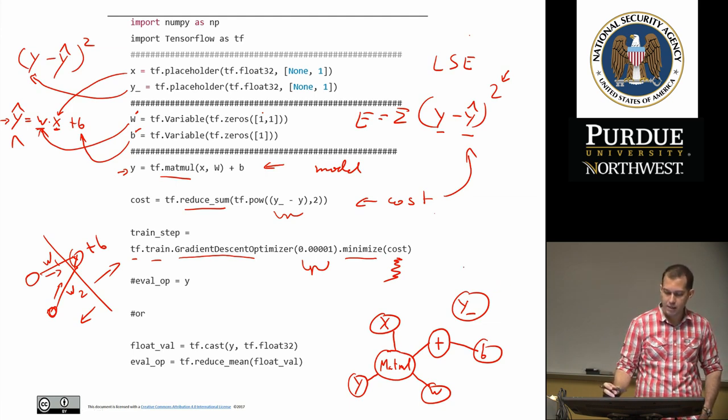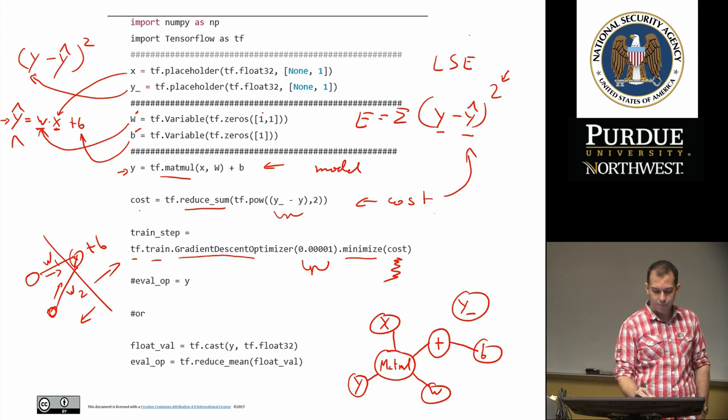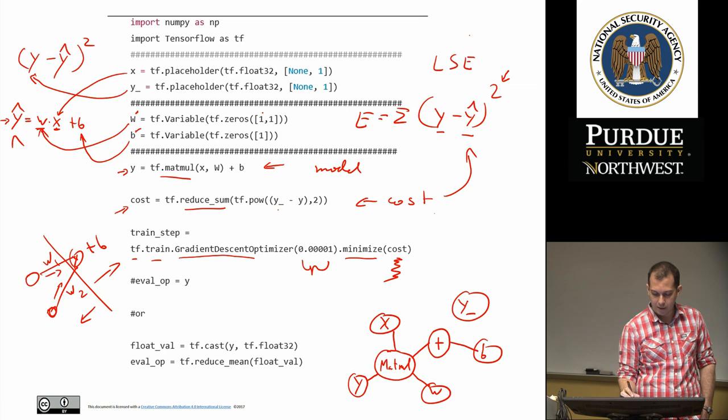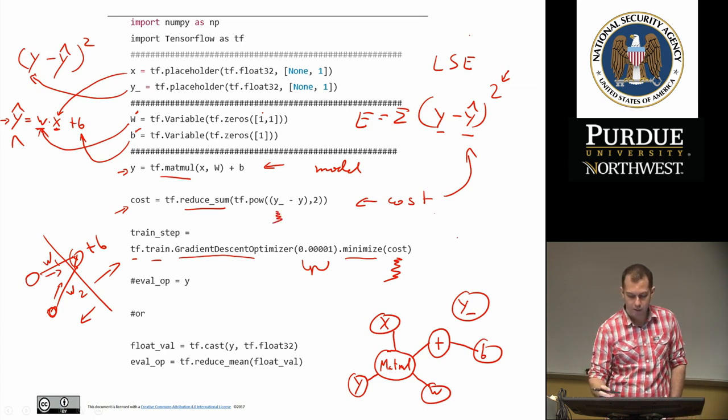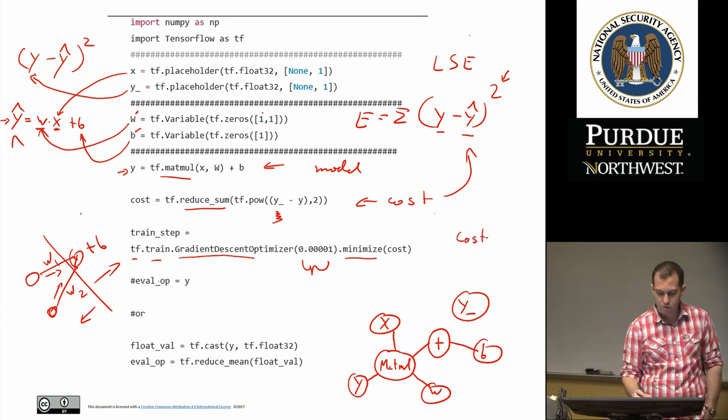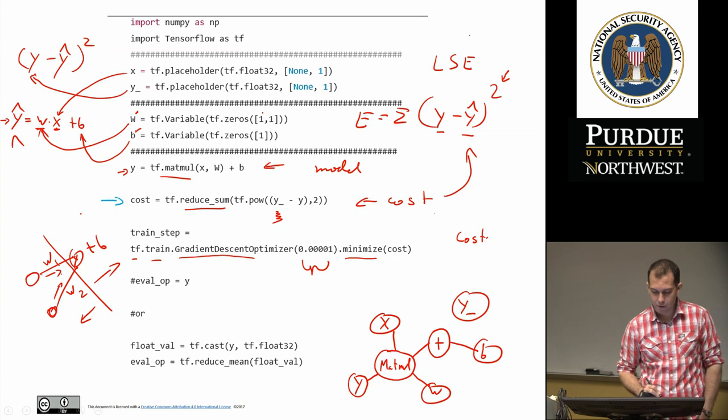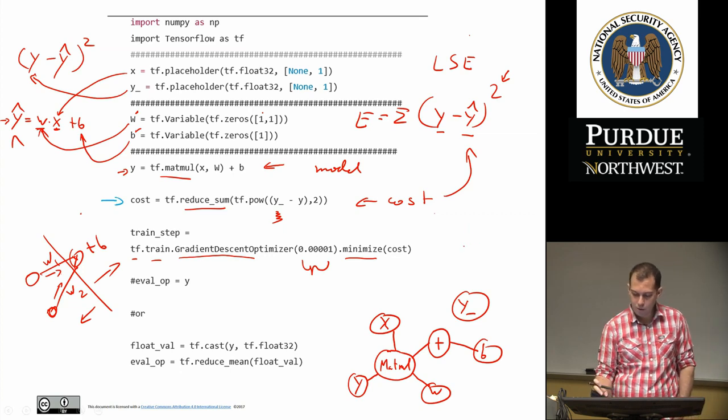But if you notice, that y is now included here in the next line. So the next line will link other elements. Now we're going to create a new node. If we look at this line of code here, now we have a new node called cost.